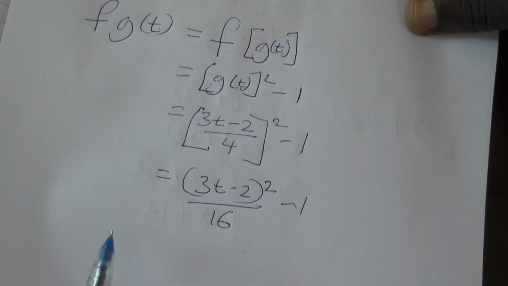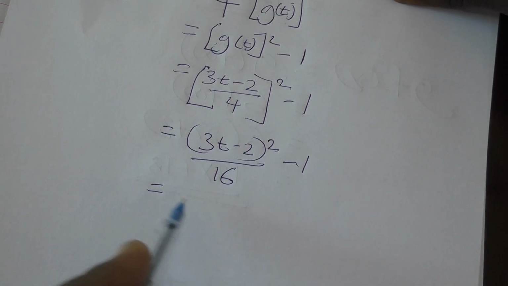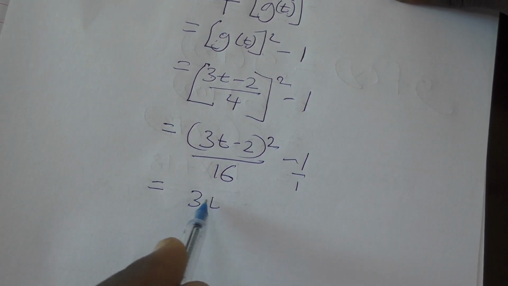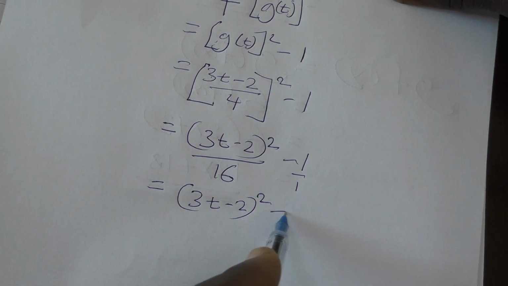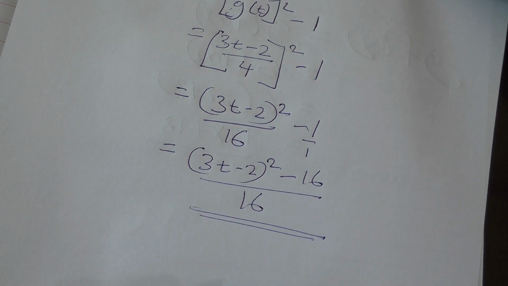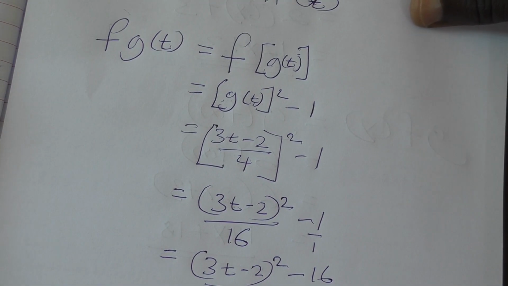So the rest is for us to simplify, which gives us 3t minus 2 squared minus 16 over 16. So this is the expression for fg of t.